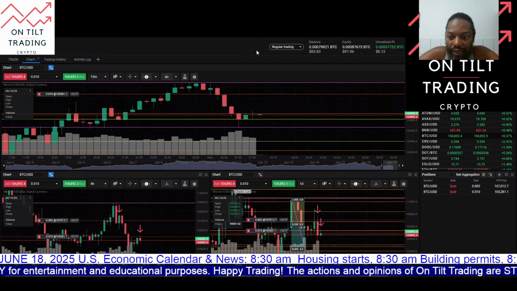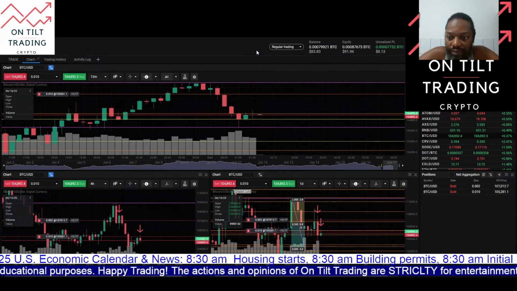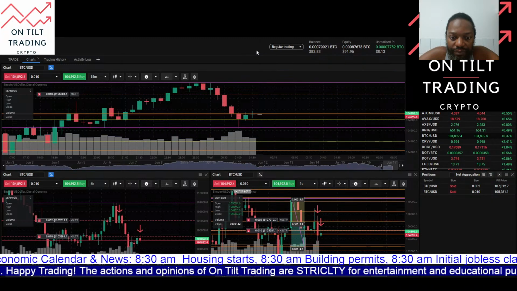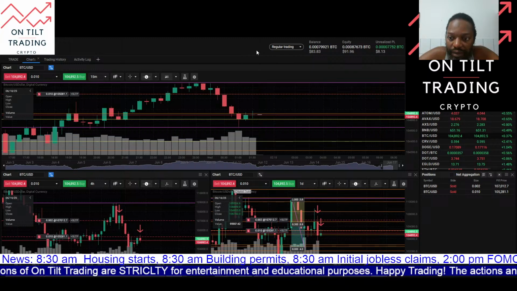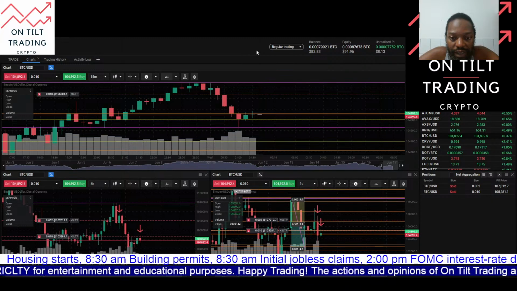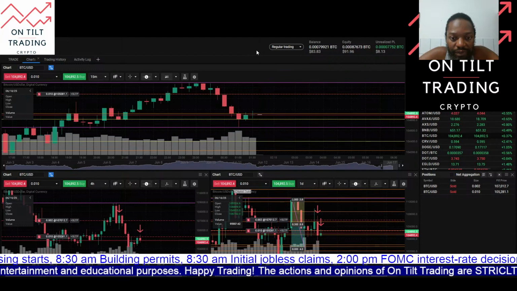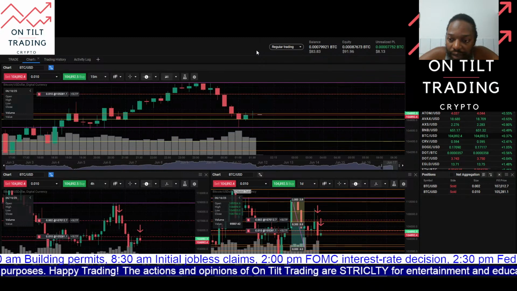And we have candle closure and a new 15-minute candle. We'll see if this candle closes lower than the previous candle. If so, I will take an entry.